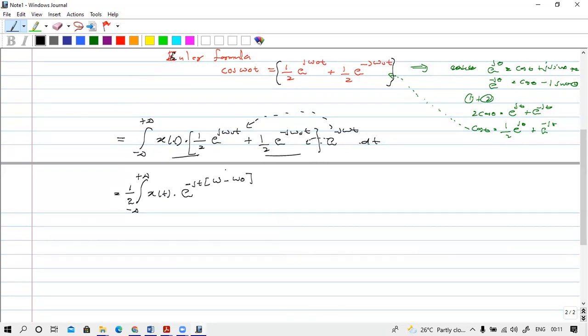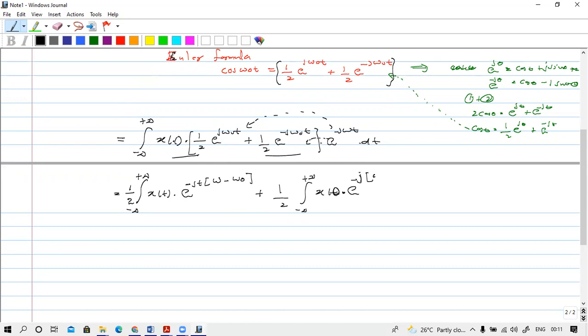So this is one term, and in the same manner, I can write the other term as minus infinity to plus infinity, x(t) is there. Here e^(-j omega naught t), e^(-j omega t). So I will get e^(-j t) out. Here I get minus j, so here minus j came out.